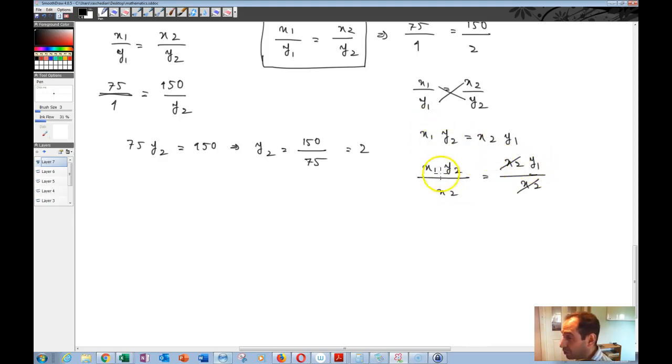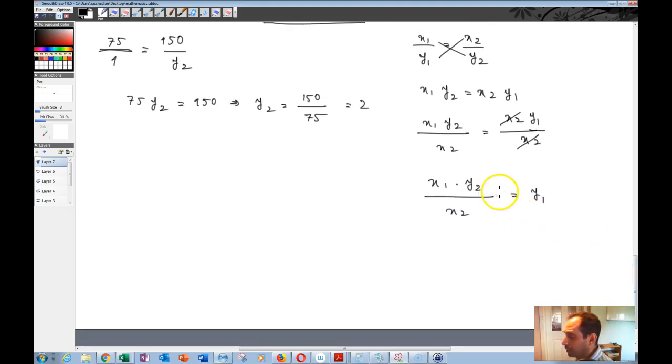So you have x1 y2 equal to x2 y1, and if I divide both sides of this equation by x2, these two will cancel out. Now I have x1 times y2 divided by x2 equal to y1.